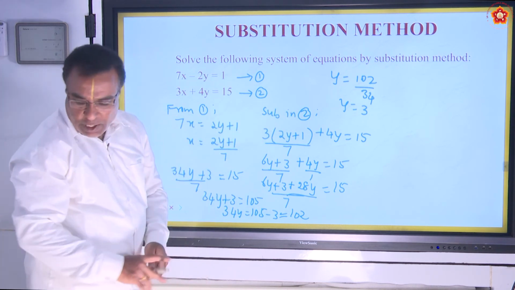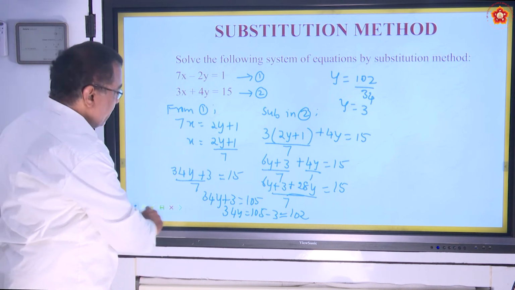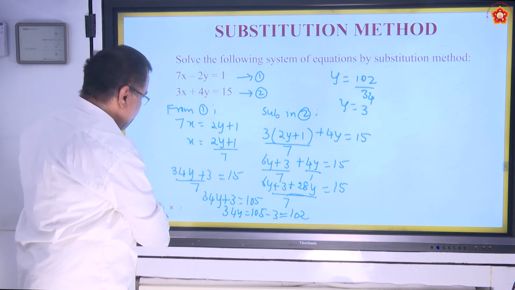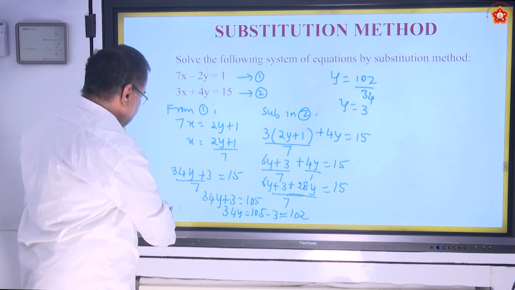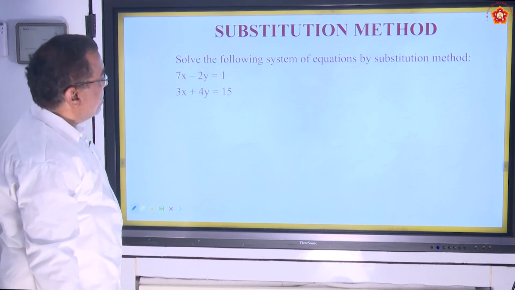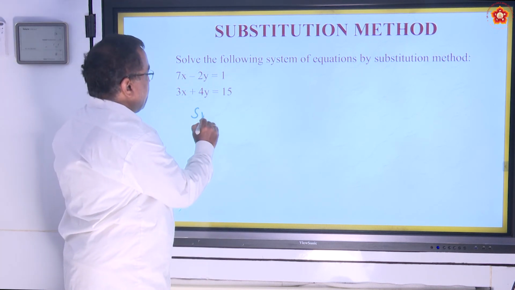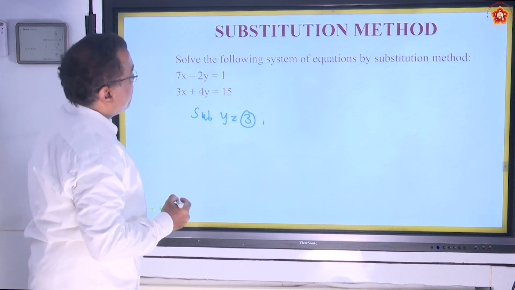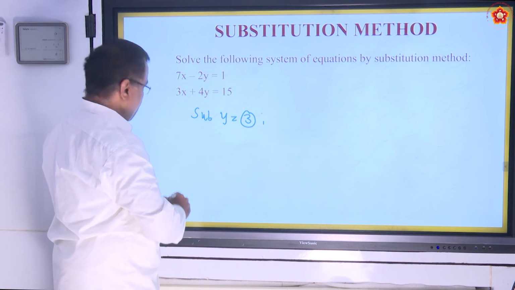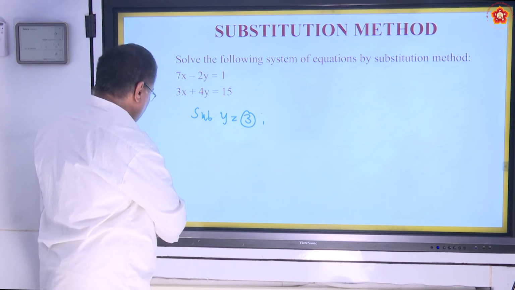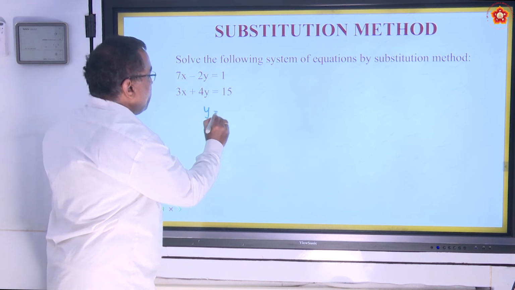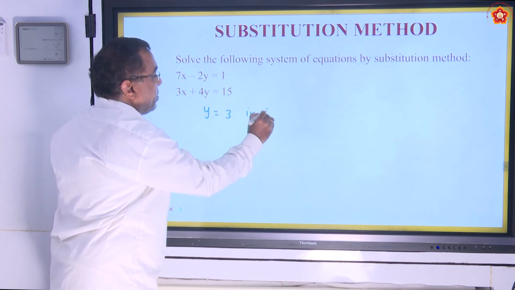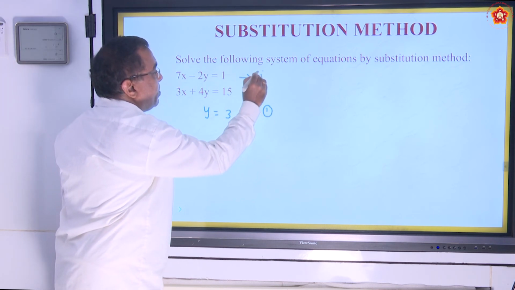Now we will substitute the value of y equals 3. I'll erase all these steps now. Substitute y equals 3 in the first equation. So this is our first equation.